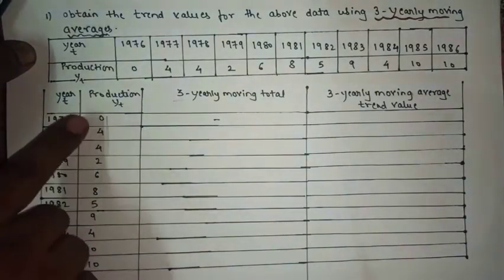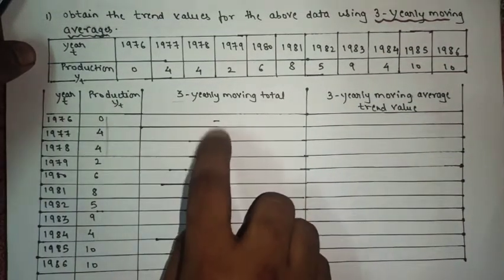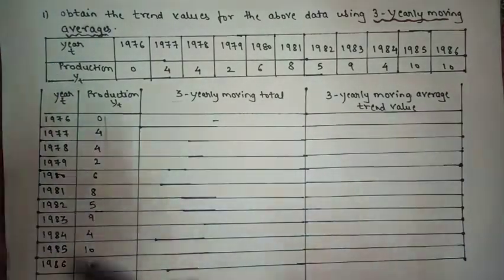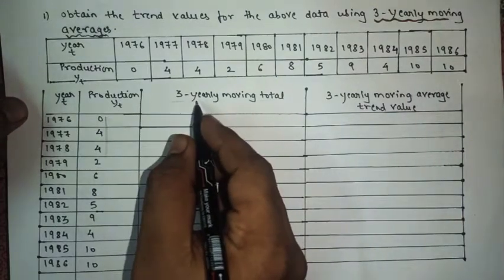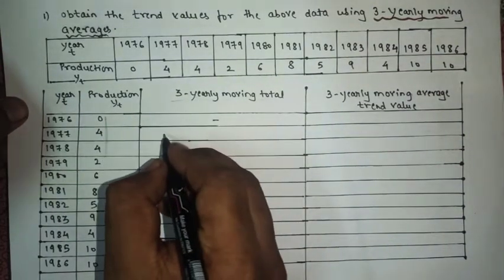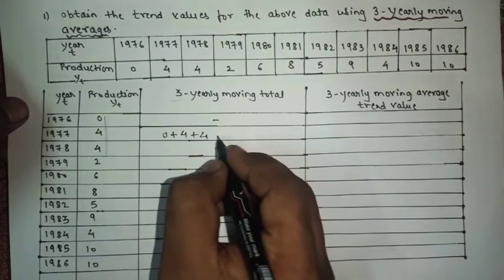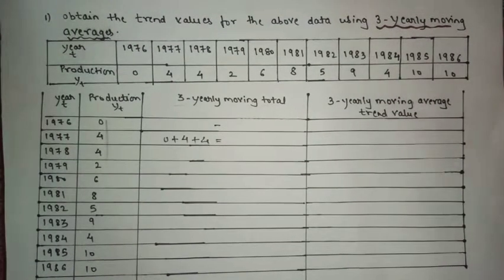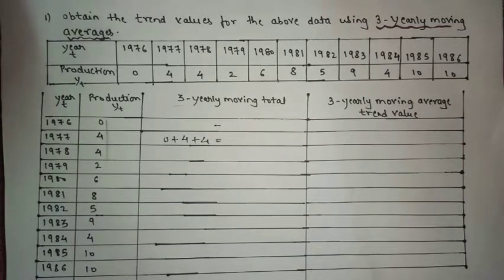To find the value of the second box, you will add the first three numbers, 3 years moving total. So first three numbers: 0 plus 4 plus 4, so you will get the answer. Understood?